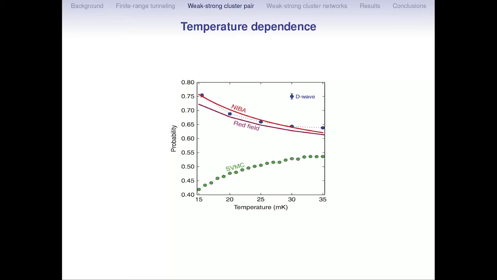Hello. I was wondering if you can go back to the slide where you have Redfield, NIBA, and the D-wave with error bars. This one? Yes. So I wonder if you've tried to use a more accurate quantum mechanical simulation, because both Redfield and the non-interacting blip approximation are very risky methods to use when modeling open quantum systems.